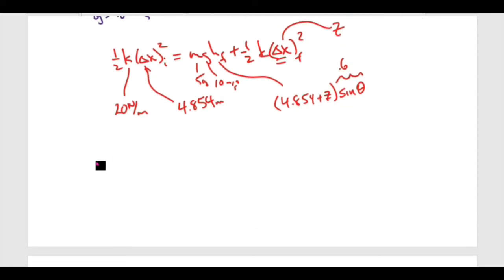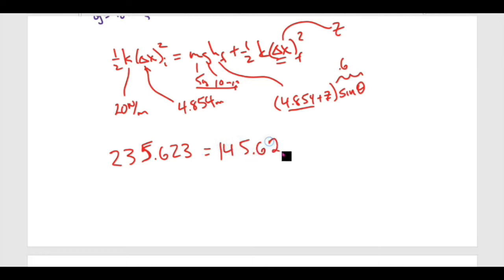So plugging in, on the left-hand side, we get 235.623 joules. That's going to be equal to, we'll end up with 50 times 0.6, which is 30. And then we're going to distribute that 30 times the 4.854, and get 145.623 plus 30z.